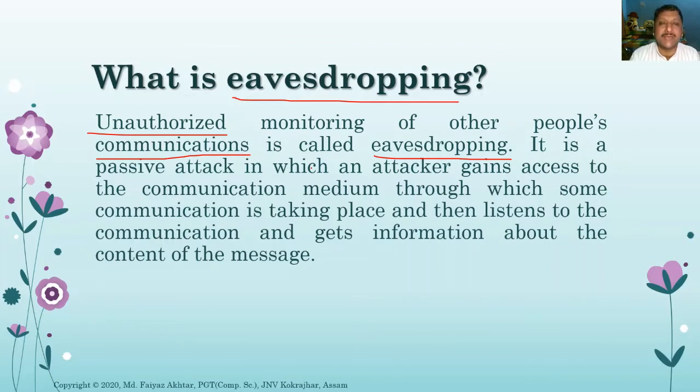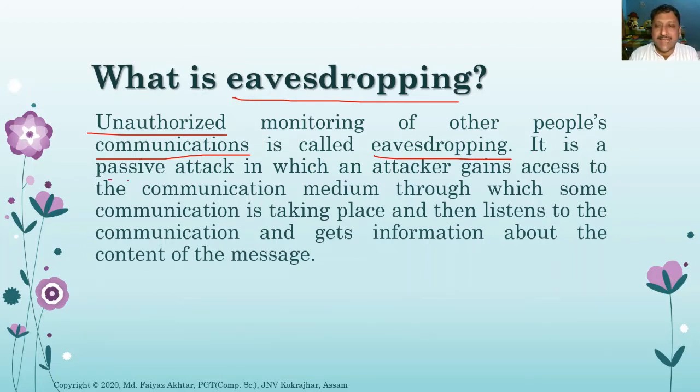When we open any website, or any application which uses the internet, we are sending some information and receiving some information. So communication is there while using the internet. And in between, some person may spy on your information, what you are sending and what you are receiving, and this is known as eavesdropping.